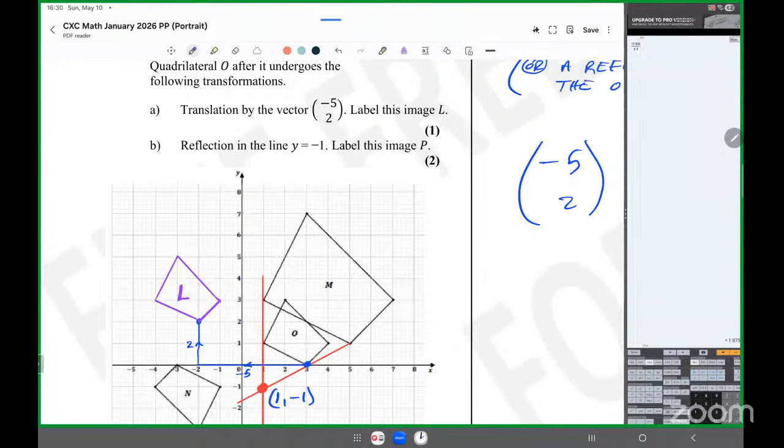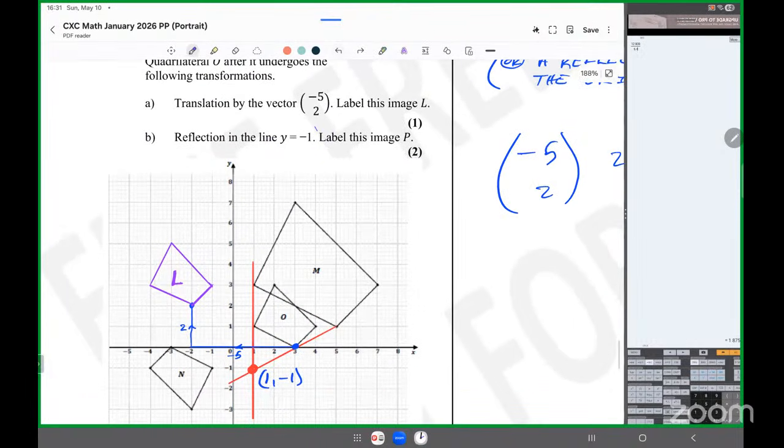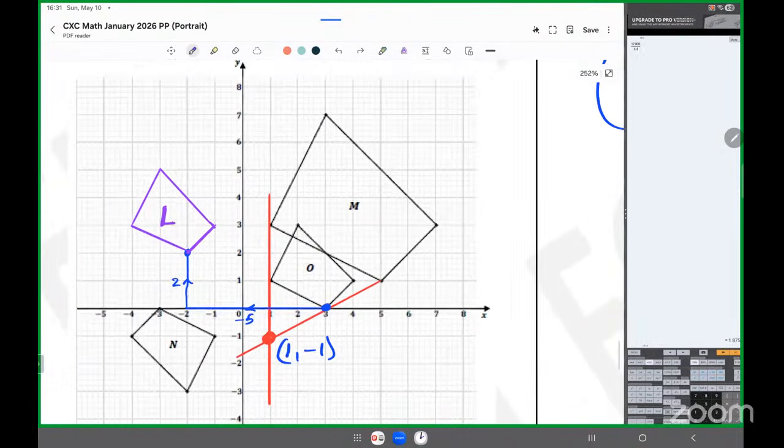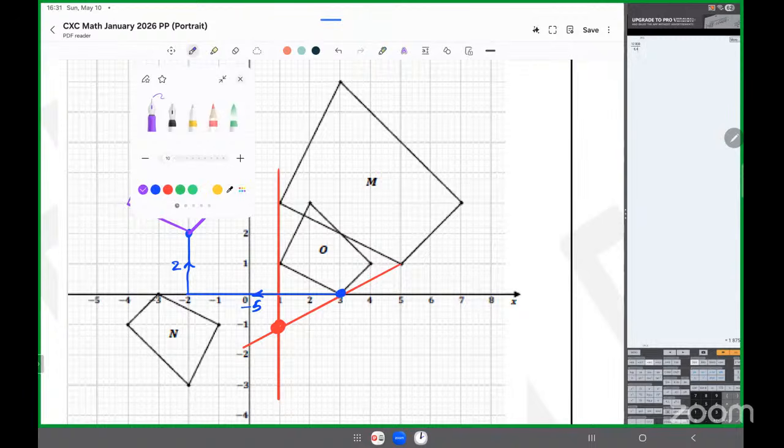Next one, them must reflect O in the line y equals minus 1. Now, y equals minus 1 is a horizontal line. That's the first thing. This line is a horizontal line. So y equals minus 1 is a horizontal line down here. So I'll put it out the way.